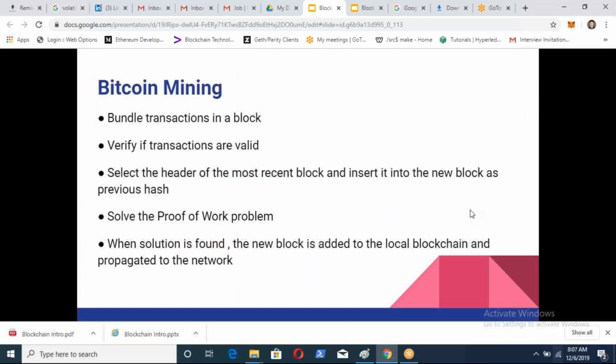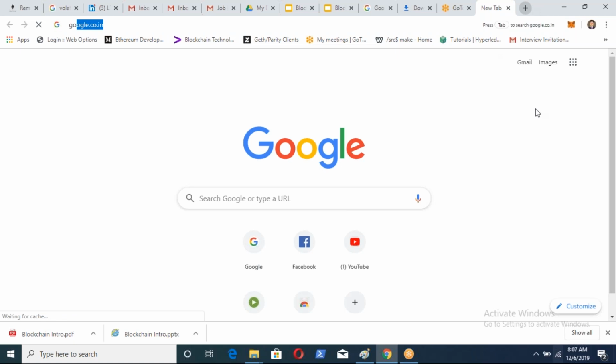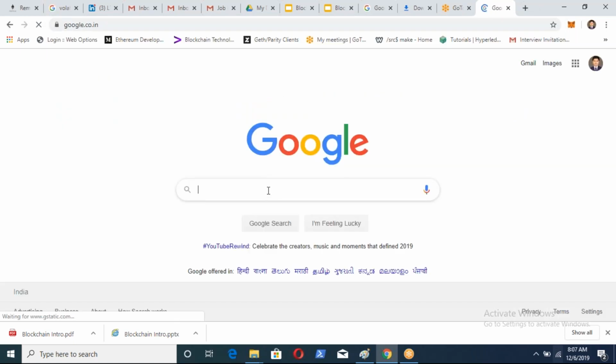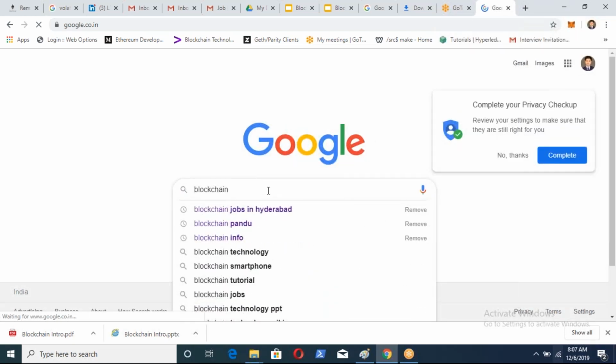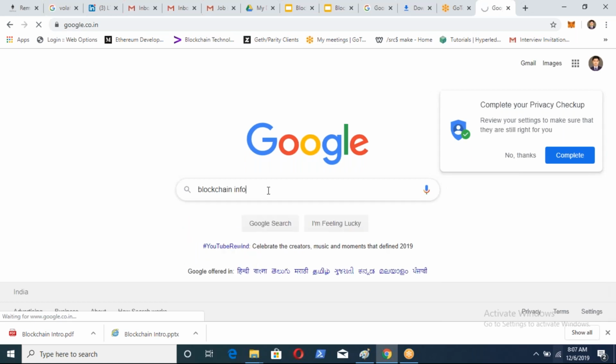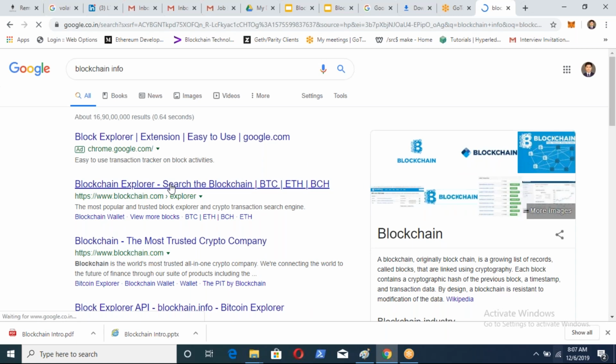Blockchain info, blockchain explorer. I think this site is not working properly.